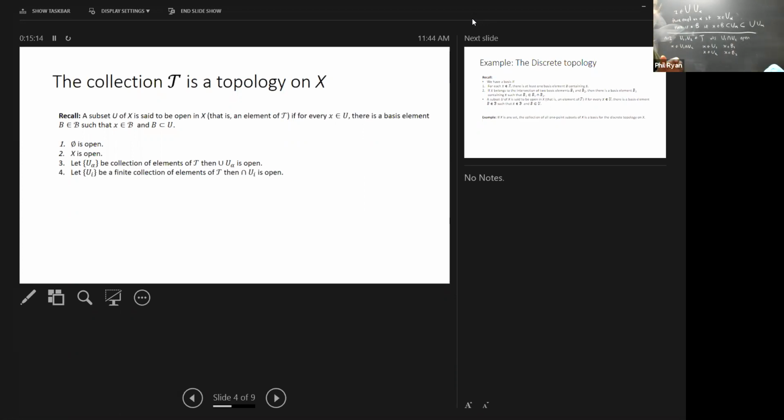By condition 2 from before, there exists a B3 such that X is in B3, which is contained within B1 intersected B2.